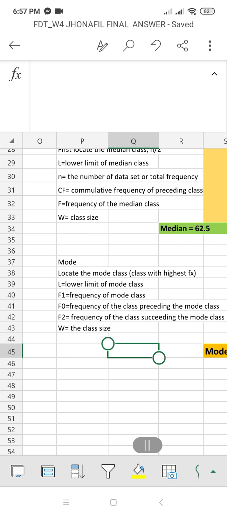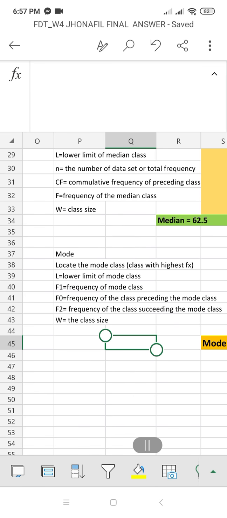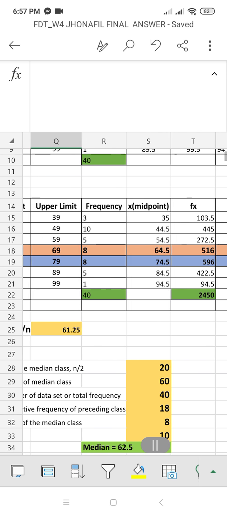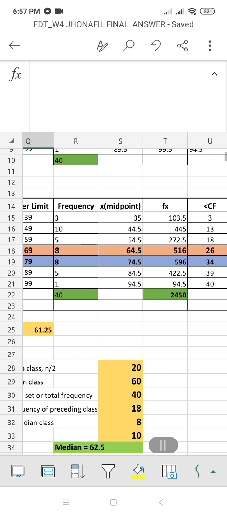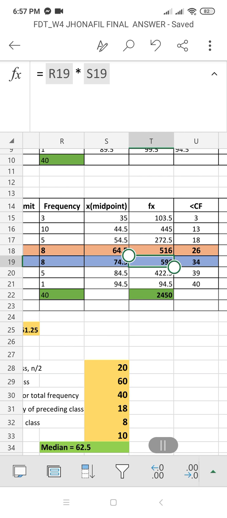Then f2, the frequency of the class succeeding the mode class. Succeeding is the one after. Then w, the class size. So locate the mode class with the highest fx. The highest fx here is 596.